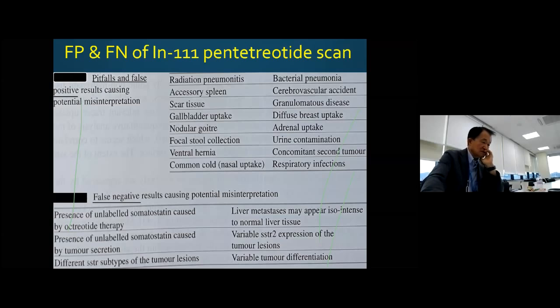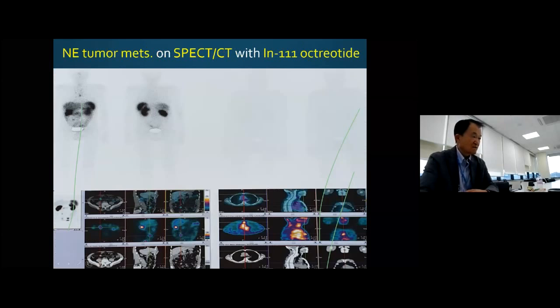And negative findings, obviously, with certain receptor subtypes, 1 or 3 or 5, and a different sort of tumor with less receptor. And a small tumor you may not see. So variable tumor differentiation produces such findings.